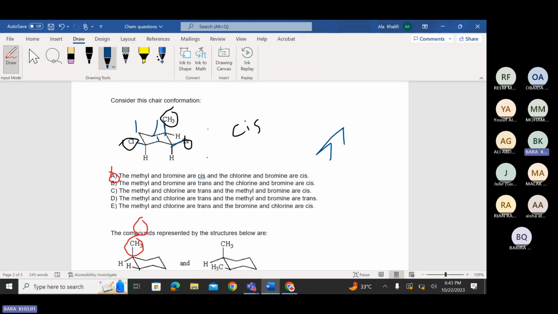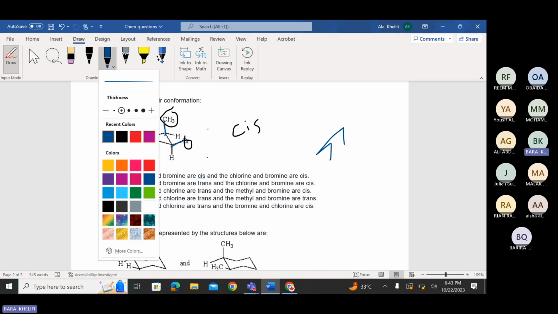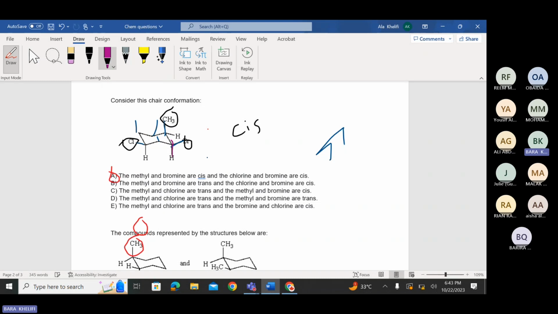What do I mean by facing upwards? Meaning they are on one plane. Whether they are axial or equatorial, it doesn't matter. They're just facing the same side, which is up. So whenever they face the same side, they are cis. And then you have another set, which now I'm highlighting in purple.